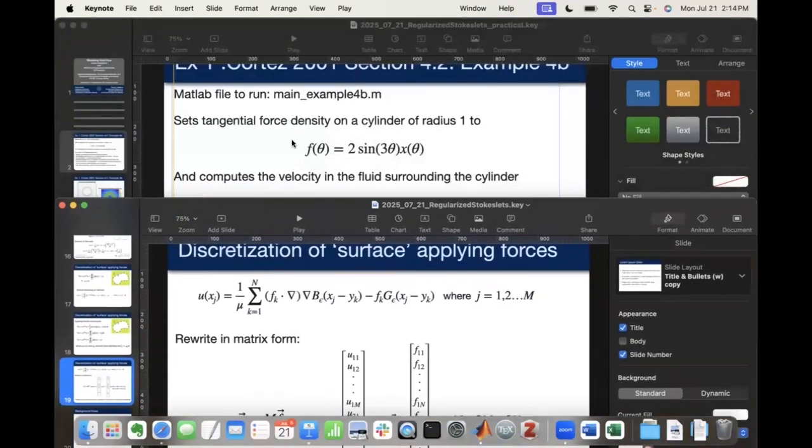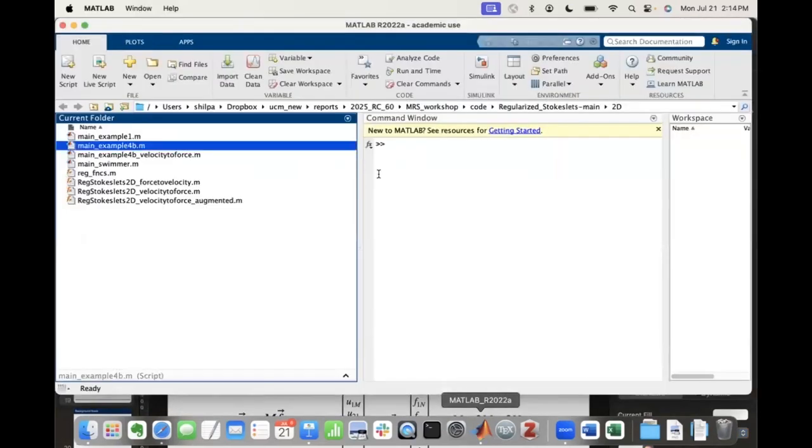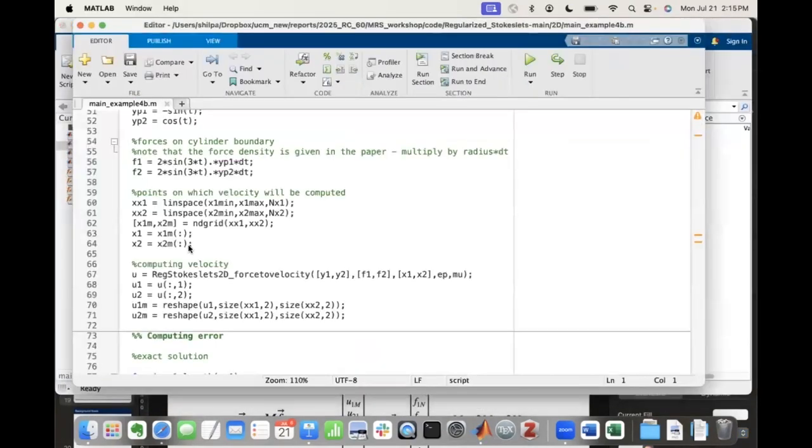Keeping that in mind, I had to multiply, and I've lost my MATLAB. Hold on one second. Okay. So the force density is what's given in the paper, so I need to multiply by my radius times delta t to get it to be a force. And so these are going to be the forces that I'm applying on my cylinder.